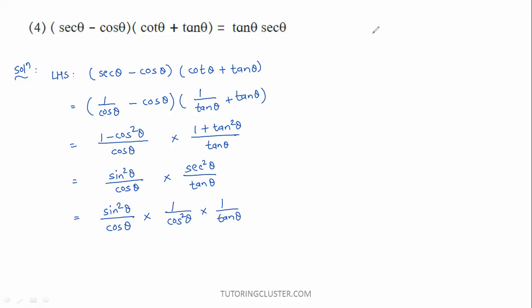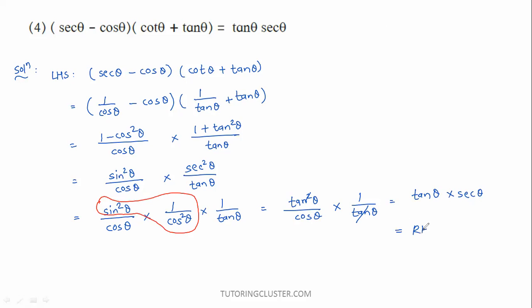Okay, now check here, what will be this sin square theta upon cos square theta, which will be equal to tan square theta upon cos of theta into 1 upon tan theta. So this and this tan, it will get cancelled out. It will be tan theta. And what is 1 upon cos? Which is nothing but sec theta, which is nothing but your RHS. Okay, so simply you can prove the given trigonometric relation like this.